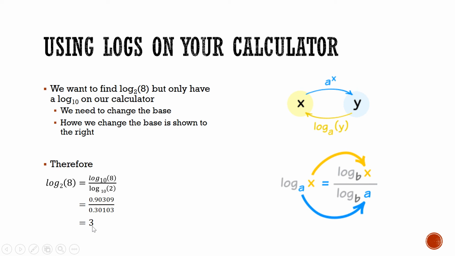So here we get our answer that to get 8, we multiply 2 by itself 3 times. I'm pretty sure this is all new to you guys, so feel free to pause the video, go back and check these things. But this is a worked example here.